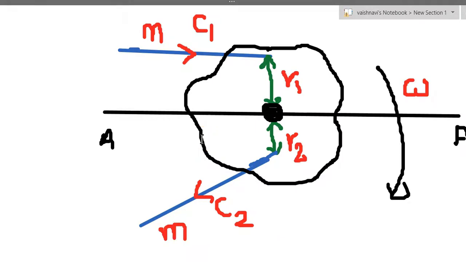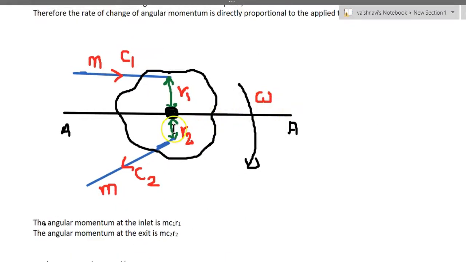Consider a mass of fluid m with a tangential velocity c1 hitting the rotor at a distance r1 from the axis of rotation, and it leaves the rotor at a distance r2 with a tangential velocity c2 and with the same mass m. The rotor rotates about an axis AA with an angular velocity omega radians per second. If this is the case, we'll derive what actually happens and what energy transfer takes place here.